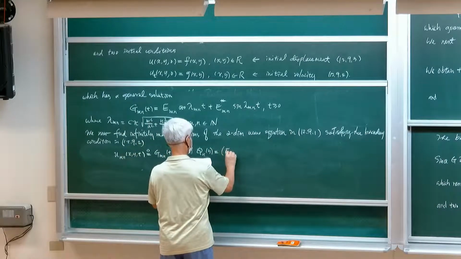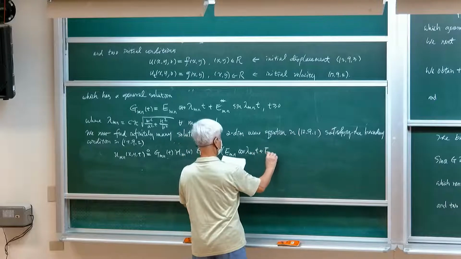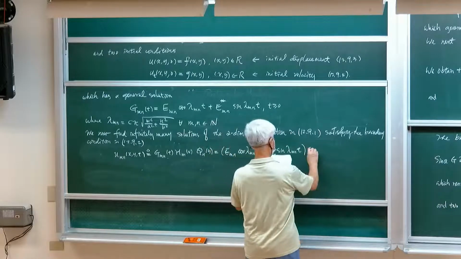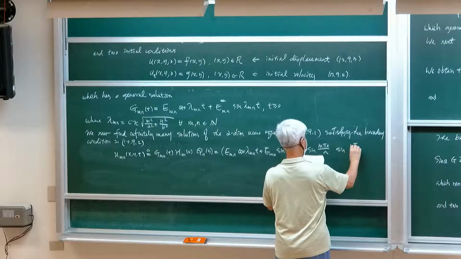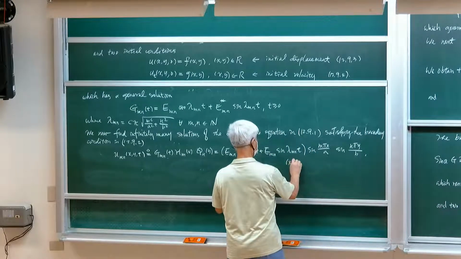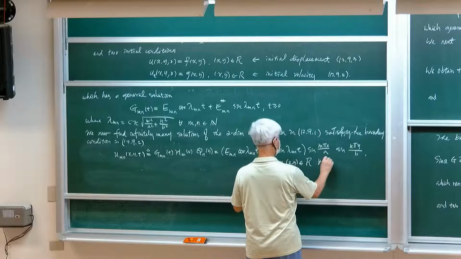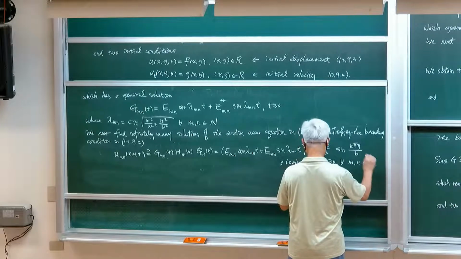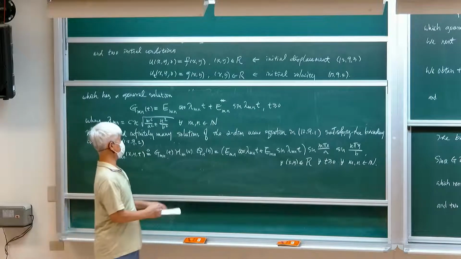So here is E_mn cosine lambda_mn t plus E_mn star sine lambda_mn t, times sine m pi x divided by a, times sine n pi y divided by b, for all x, y in the rectangle, for all t, and for all m, n in N. So we have infinitely many of them.